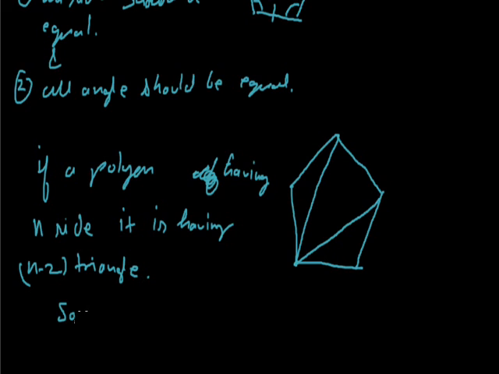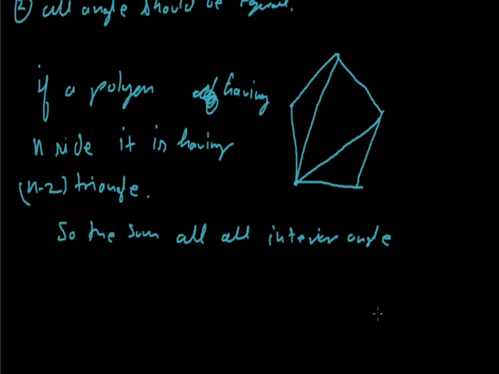So the sum of all the interior angles of a polygon of n sides is n minus 2 triangles' worth.